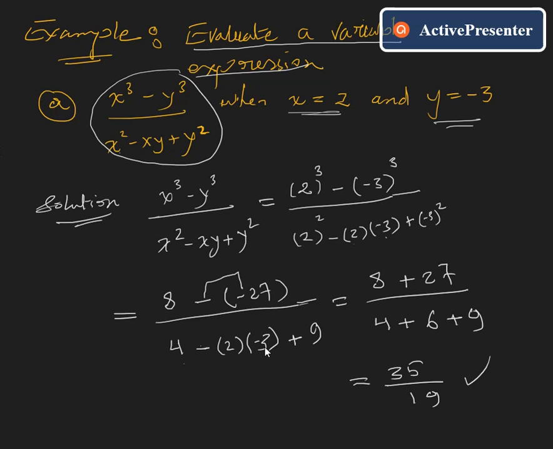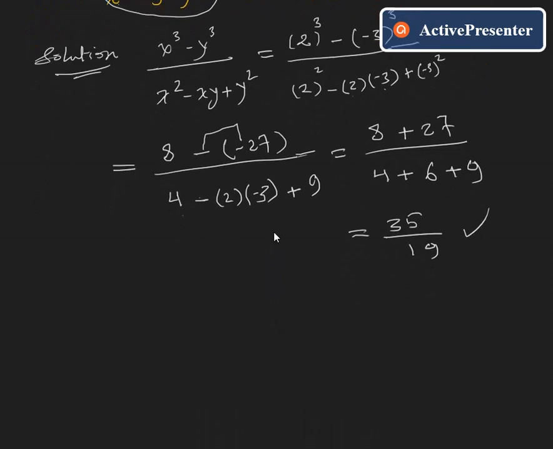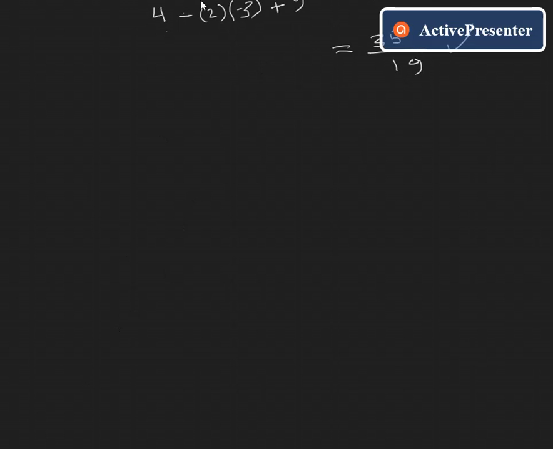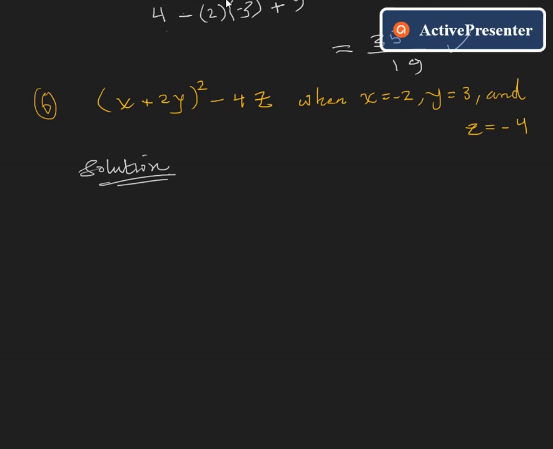That's it. Now let's take question B: x plus 2y, all squared, minus 4z, when x equals minus 2, y equals 3, and z equals minus 4. So we first replace by the given values.